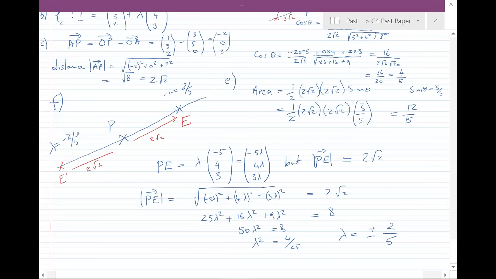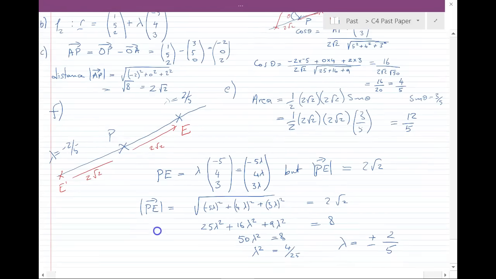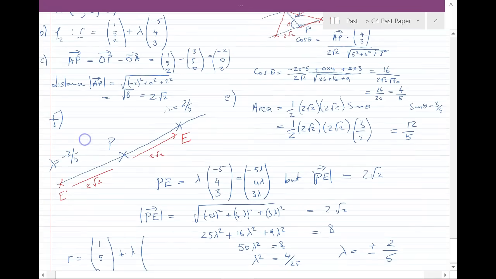So now all we need to do is go back to the equation of L2. I've just got it at the top of my screen here. This equation is 1, 5, 2 plus lambda times minus 5, 4, 3.